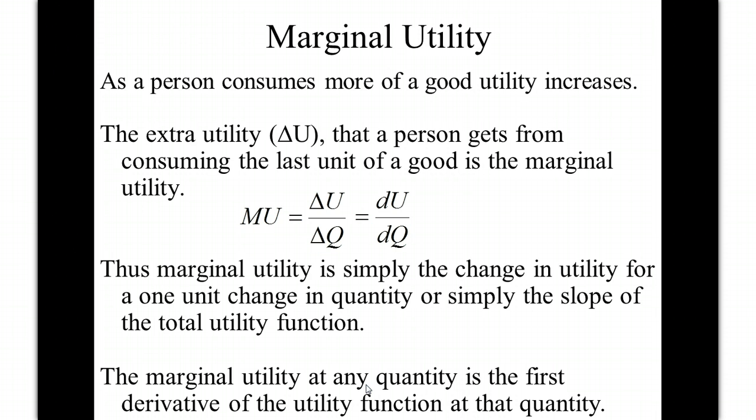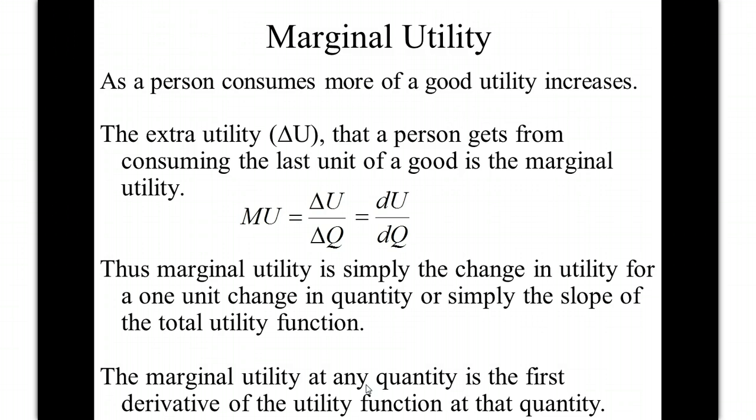The extra utility that a person gets from consuming the last unit of a good is the marginal utility. So MU, marginal utility, is the change in utility for a change in quantity. If quantity changes by 1 unit, what happened to utility? How much did it rise by? Marginal utility is simply the change in utility for a 1 unit change in quantity.